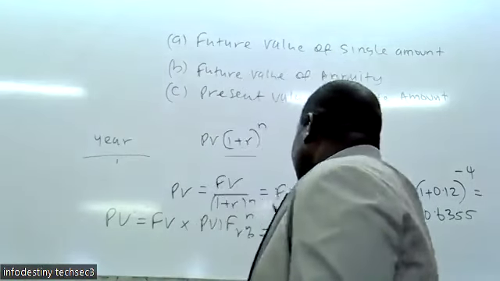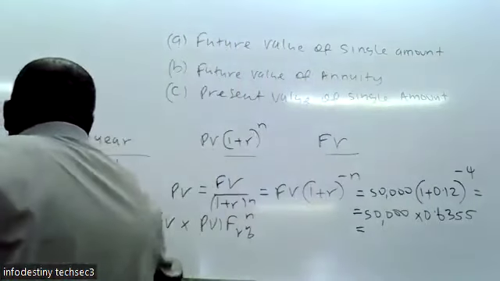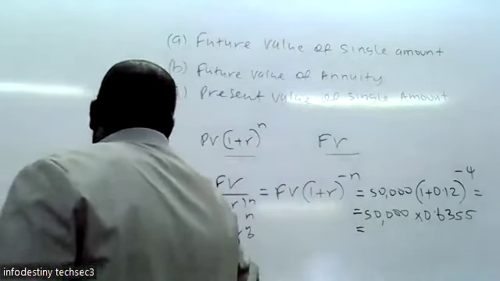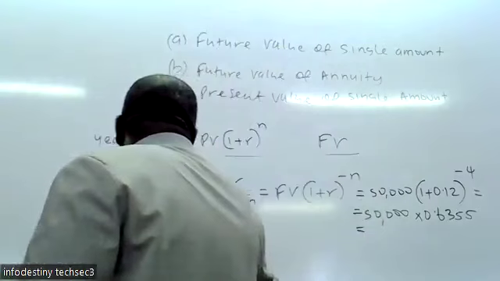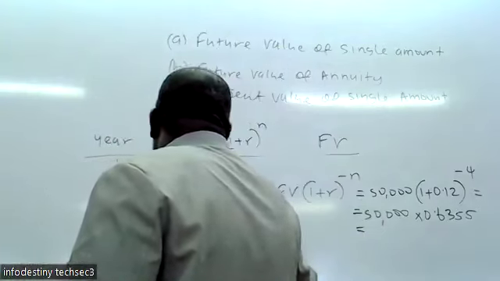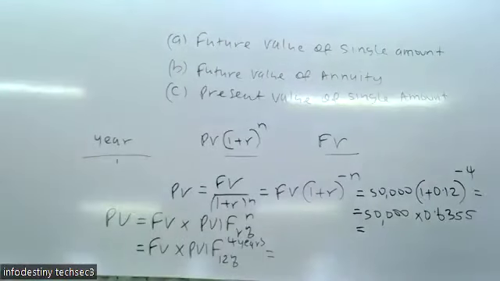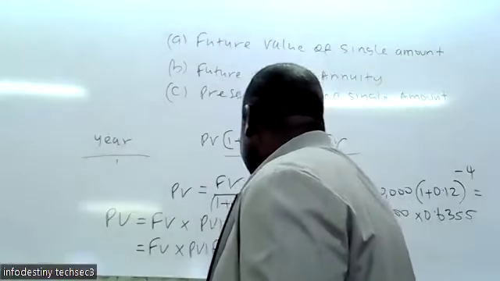So this now will be the same as the future value multiplied by the present value. So R is the 12%, and N is 4 years. N is our period, which is 4 years. So our future value is 50,000.